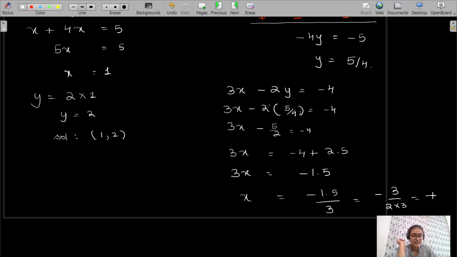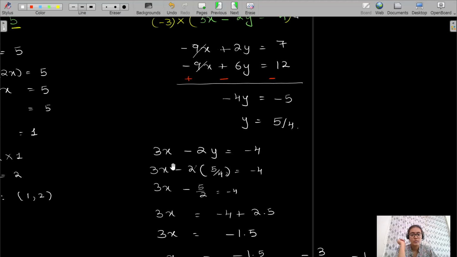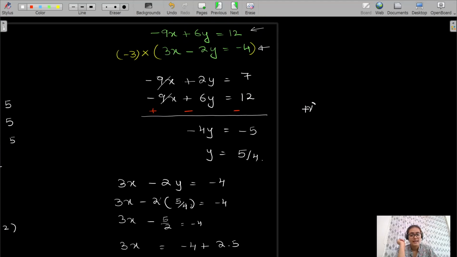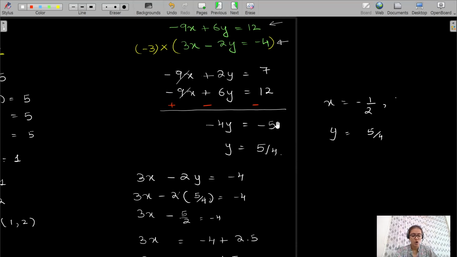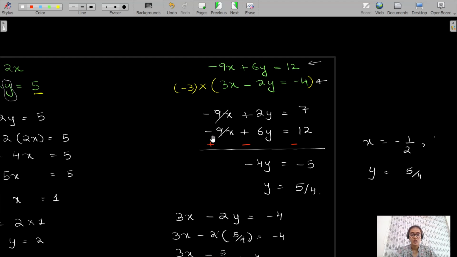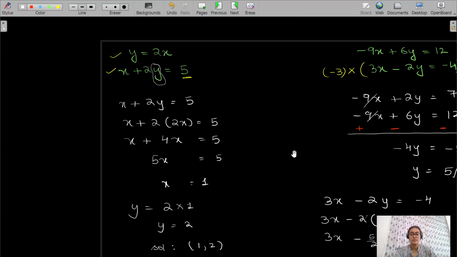So we get negative 1/2 or negative 0.5 as the value of x. So our solution becomes x equals negative 1/2 and y is 5 over 4. Alright, so this is how you can use the method of elimination in order to find your solution.